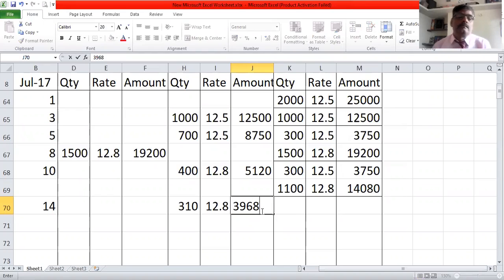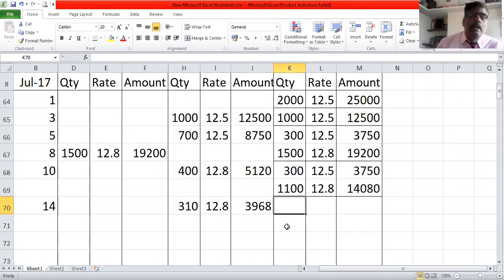Now you write the balance: 300 at the rate of 12.5, 3,750, and out of 1100, 310 issued.